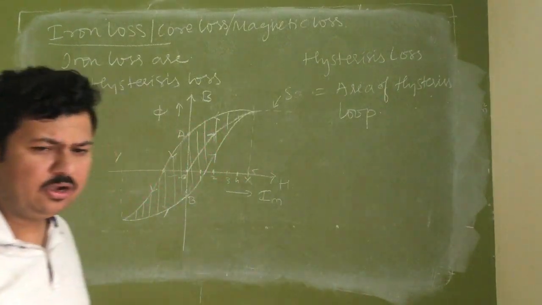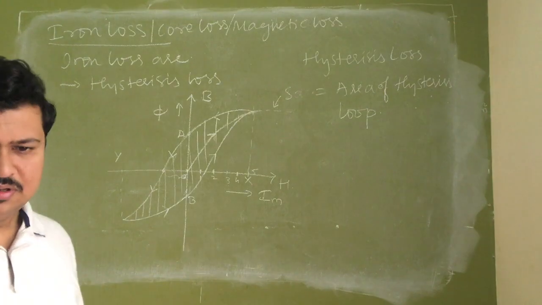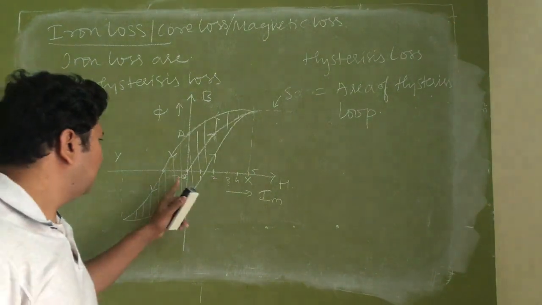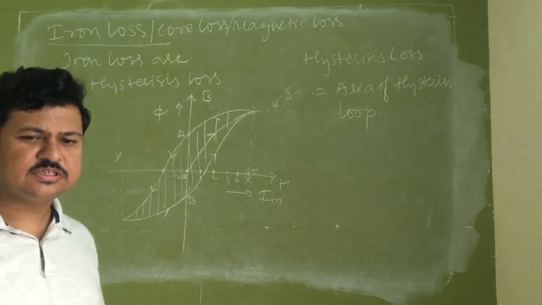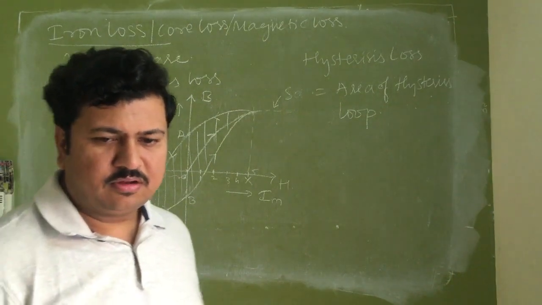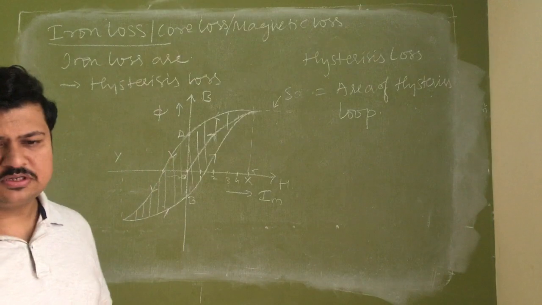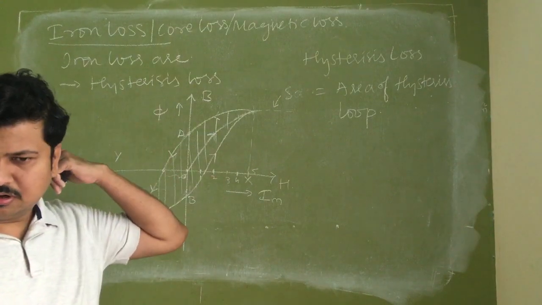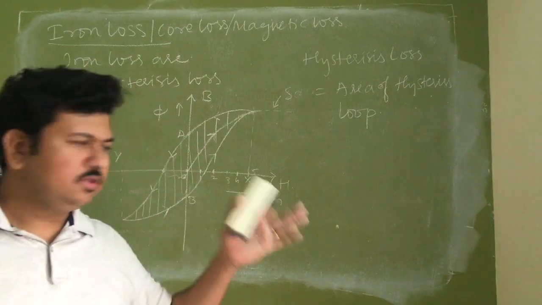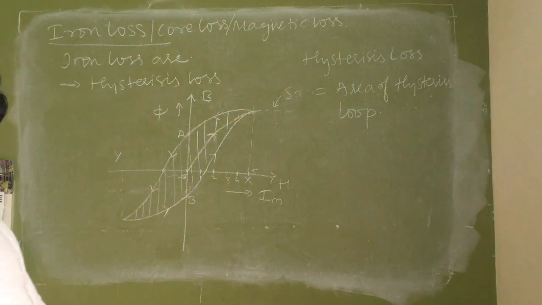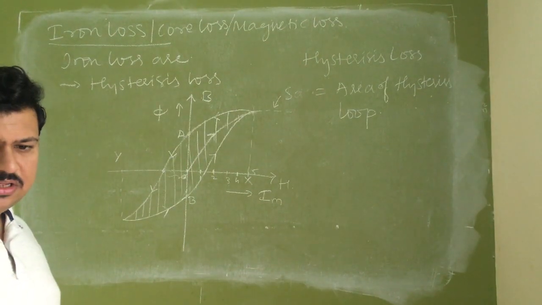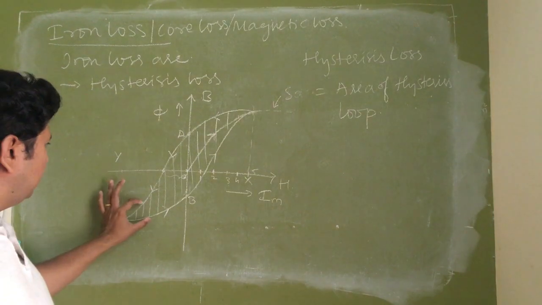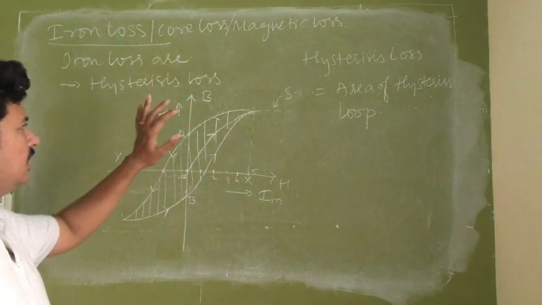But every time I can't find the area of this loop, because this is one loop for one cycle. I have 50 such cycles in 1 second, and I don't know for how many hours the transformer is operating. So this is not the practical way to find the hysteresis loss. This is the conceptual understanding. So why is the area of this loop the hysteresis loss?